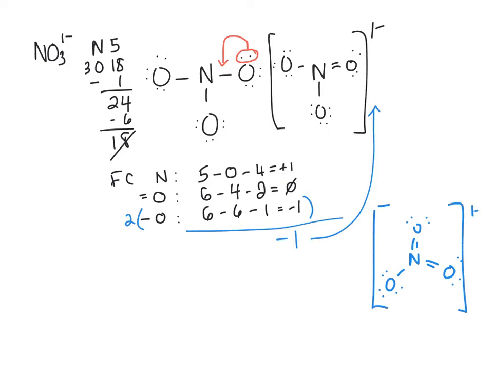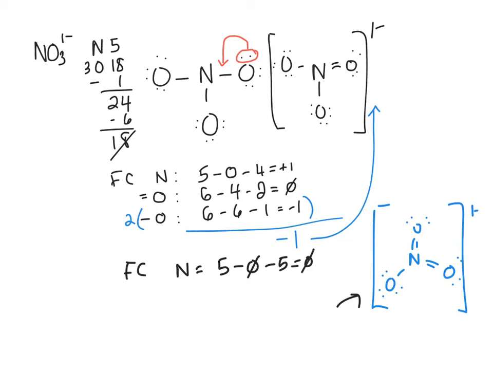So just pretend for a minute. What we do when we do structures is we actually play a little bit with them to see which one gives us the best answer. So it's not always straight up. So nitrogen, formal charge, 5 valence electrons, no lone pairs, 5 bonds equals 0.